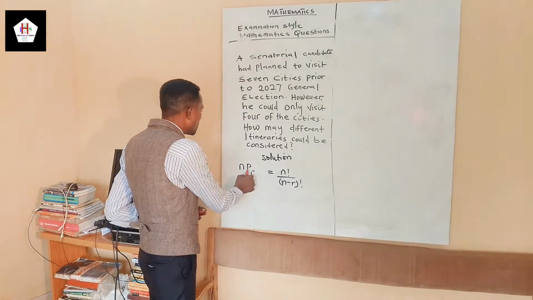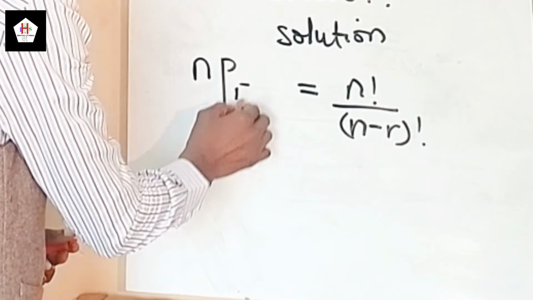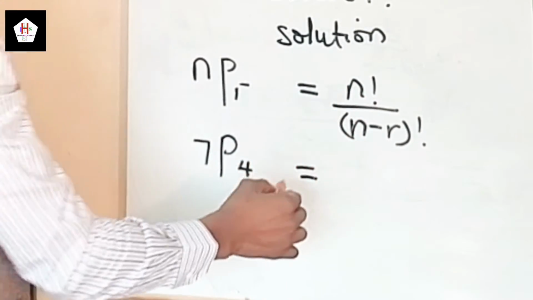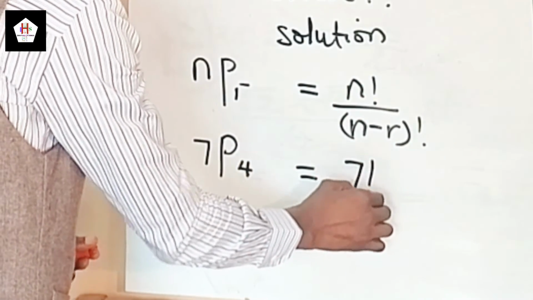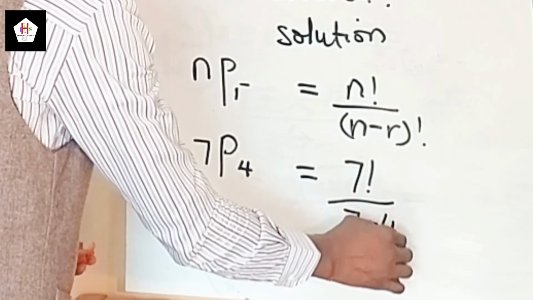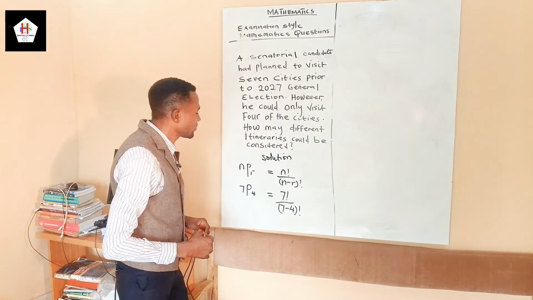So if n is our 7, then we'll have 7 permutation 4, and for that reason, we'll have 7 factorial all over (7 minus 4) factorial.